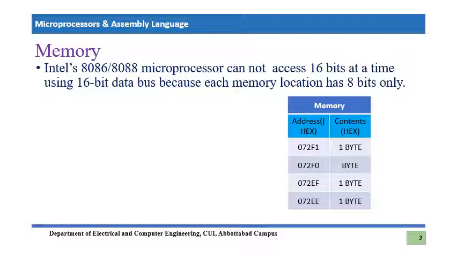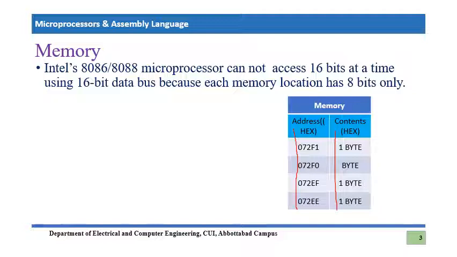Let's consider this small chunk of the microprocessor's memory. We see two columns here. The left side column indicates the address of the location, while the right side column indicates the content stored within those locations.